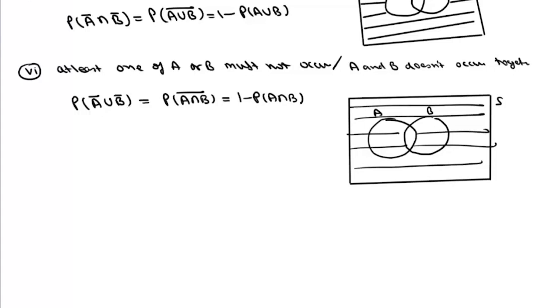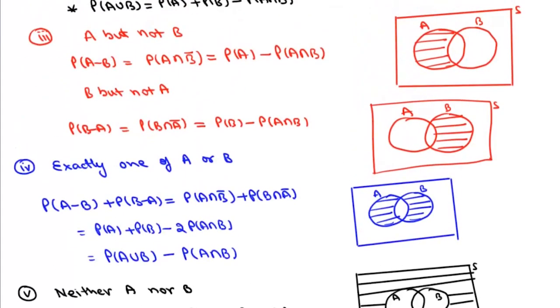Now using this definition we can further simplify these two. We can write probability of A intersection B naught as probability of B naught minus probability of A naught intersection B naught.